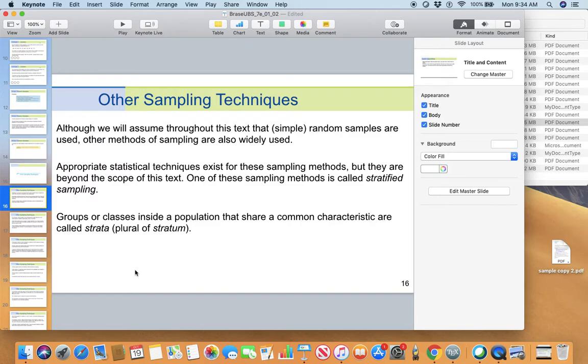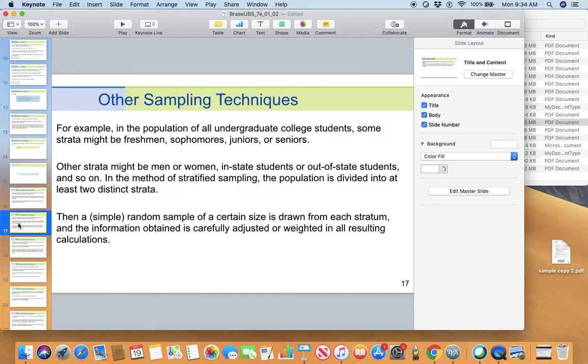Each layer is called a stratum, and all of them together are called strata. For example, in the population of all undergraduate college students, some strata might be freshmen, sophomores, juniors, seniors. So these are different strata. Other strata might be men or women. That's another strata. In-state students, out-of-state students, and so on.